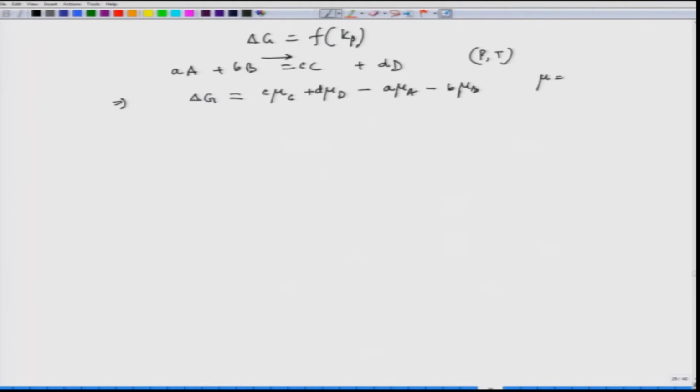Mu is written in the form of the partial derivative with respect to n_i at constant P, T and n_j. This is the definition we have for mu. Mu is considered as the chemical potential.